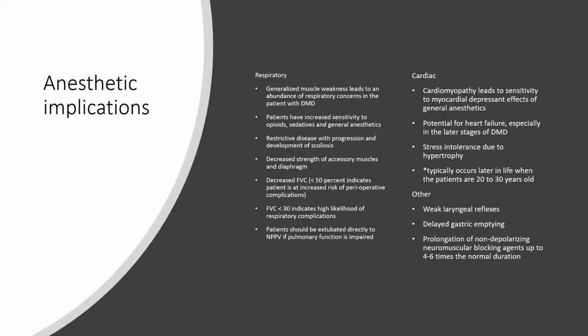It told me that anesthesia providers are probably pretty uninformed on how to provide anesthesia for a patient with myotonic dystrophy, and it told me that this disease comes with significant anesthetic implications. So in this slide, we're going to discuss the most important implications related to the disease and how it affects our anesthetic.